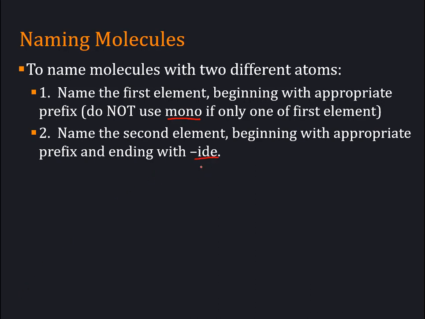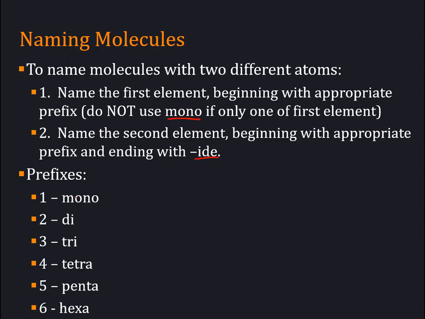So that's like we did with ions, we do it with molecules as well. Now, our prefixes are mono, di, tri, tetra, penta, hexa. If we needed 7, 8, 9, and 10, we would go hepta, octa, nona, and deca. We probably won't get into any molecules with those, but if you need them, those are the prefixes.